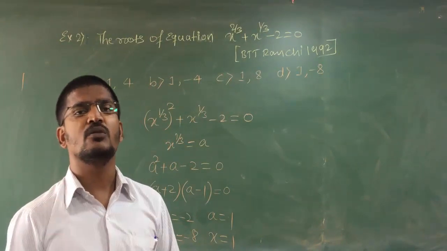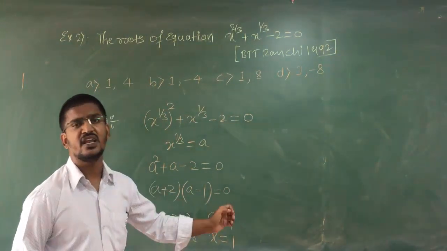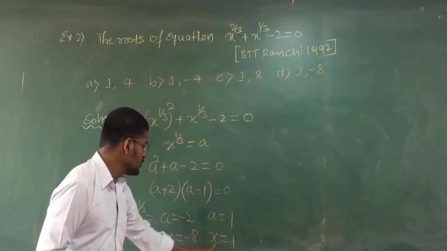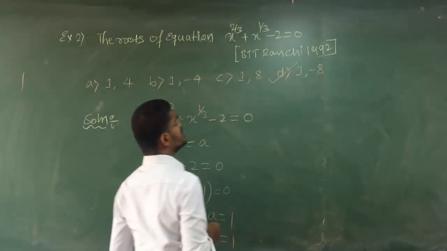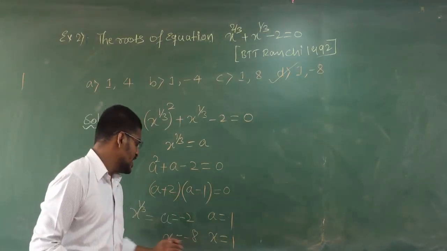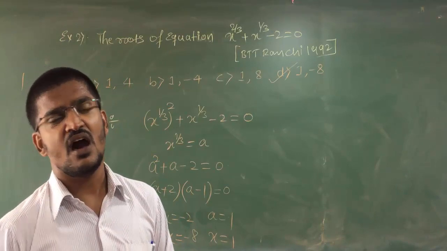That means cubing on both sides. x will be equal to minus 8 and the other x will be equal to 1. So therefore 1 comma minus 8 is your correct answer. That is option D. Therefore x equal to 1 and x equal to minus 8 is your correct answer.